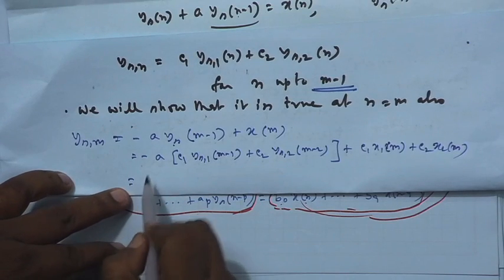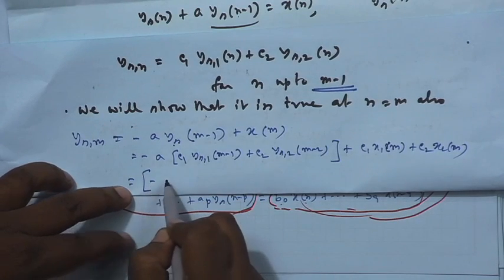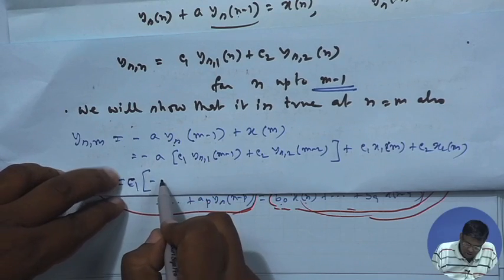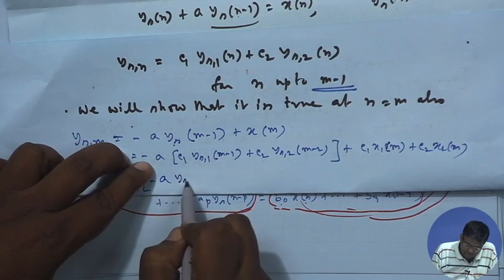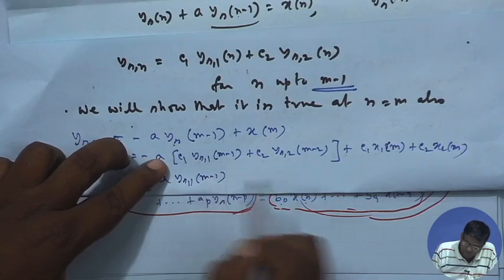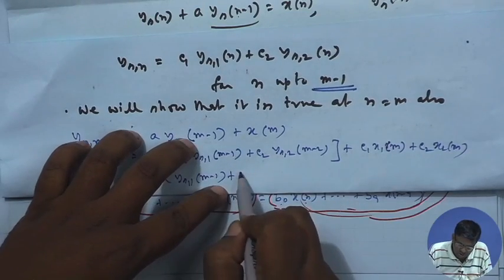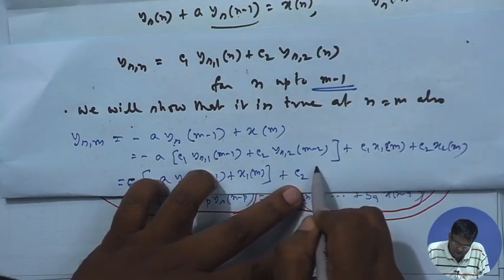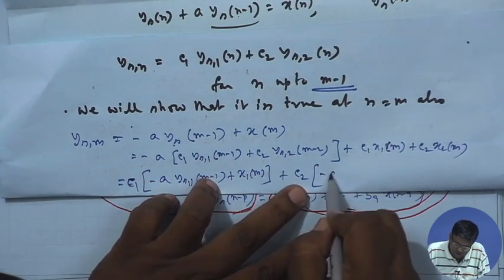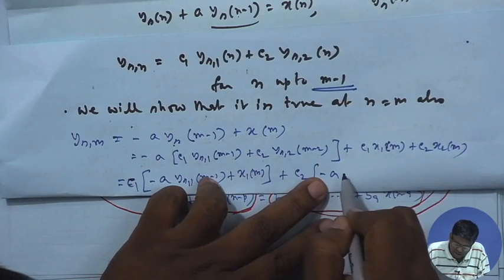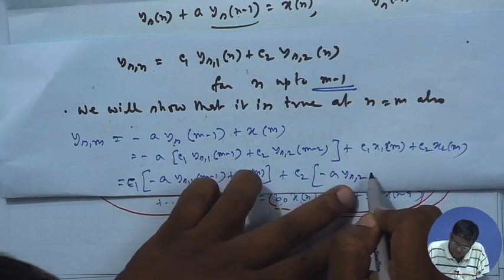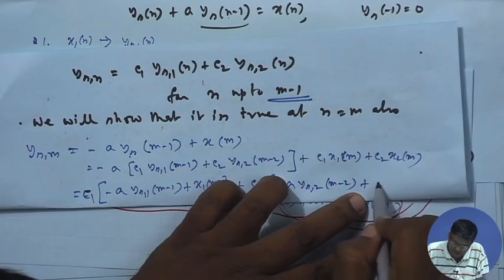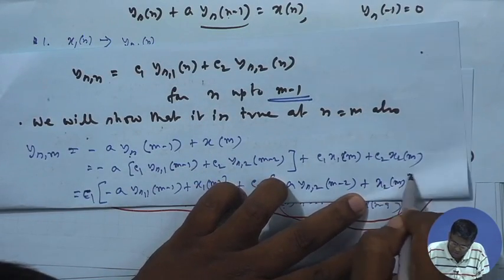Then you combine: one part multiplied by c1, take the c1 out, minus a y_s1(m minus 1) plus x1(m), and another part with c2 out, minus a y_s2(m minus 1) and from here c2 out x2(m), all right.